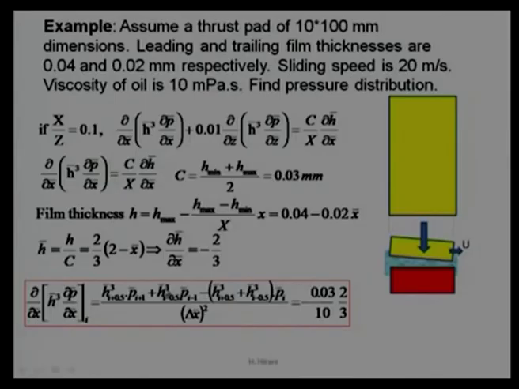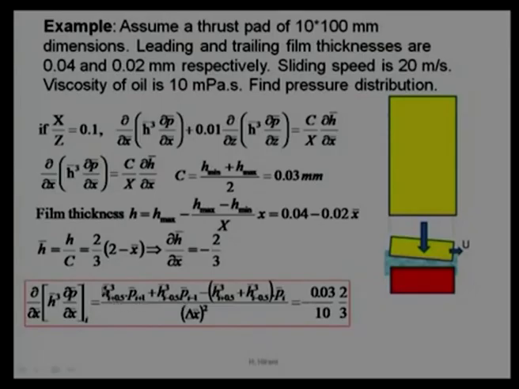Similarly, h bar cube at i minus 0.5 and p i minus 1. This will be a summation of the film thickness at i plus 0.5, i minus 0.5, or with the film thickness at this node, h cube of that and h cube of this at that node.